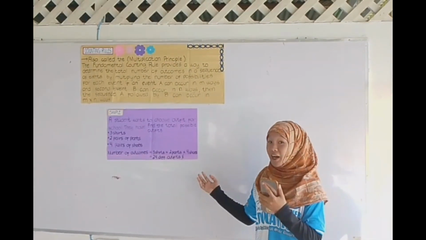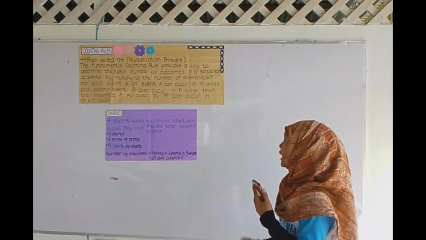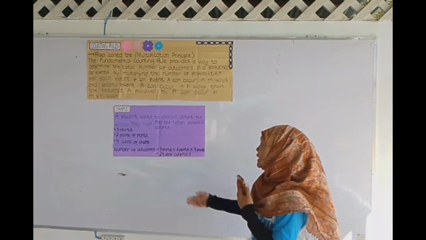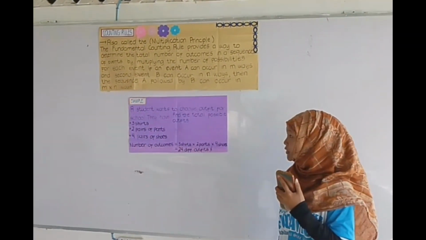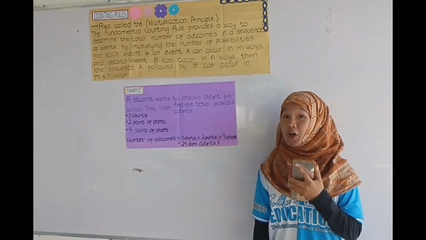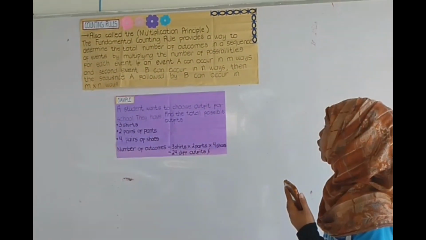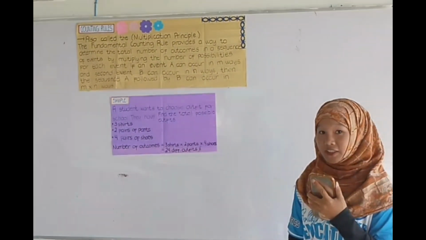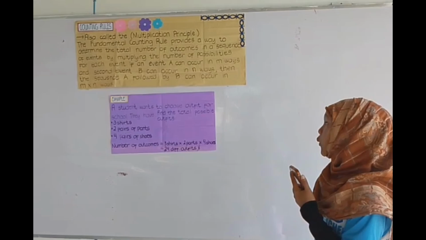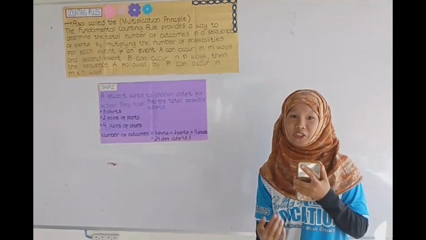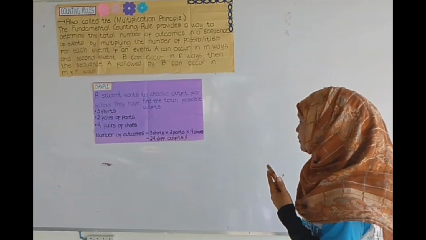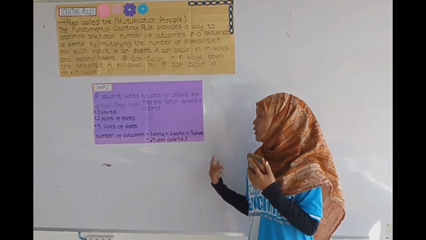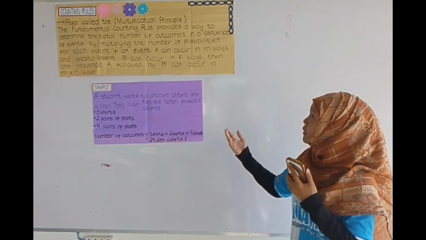Here is an example of counting rules. A student wants to choose an outfit for school. They have 3 shirts, 2 pairs of pants, and 4 pairs of shoes. The problem is to find the total possible outfits the student can choose.